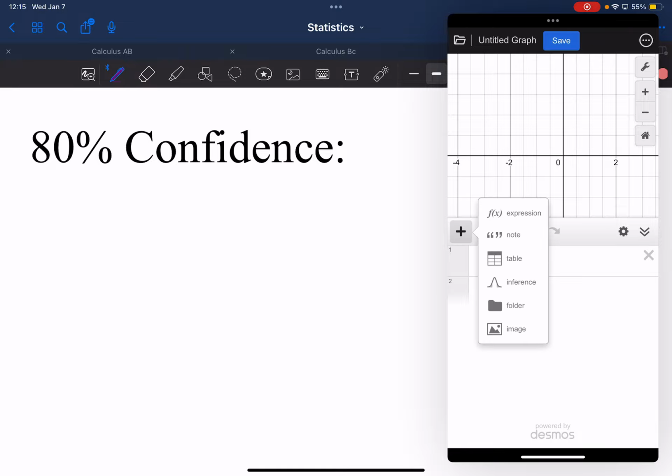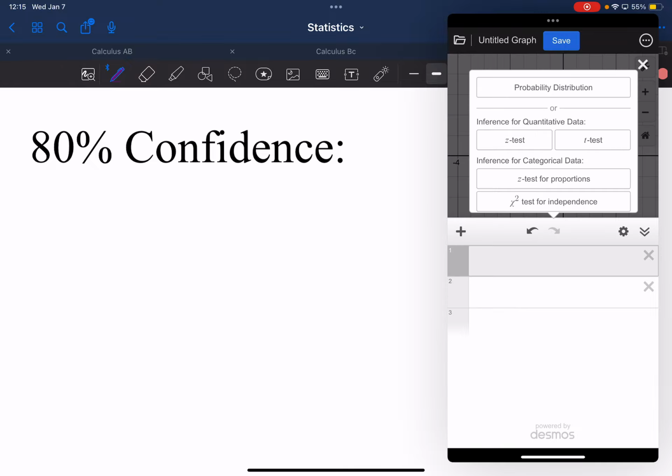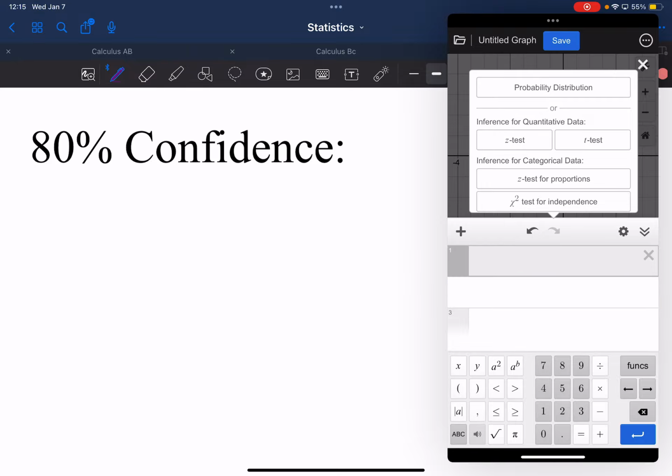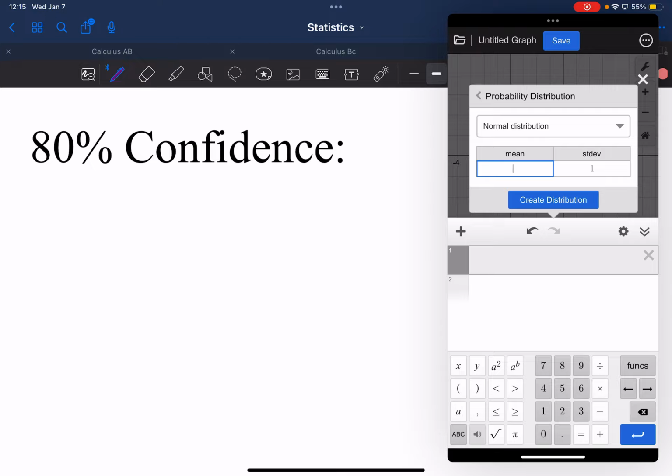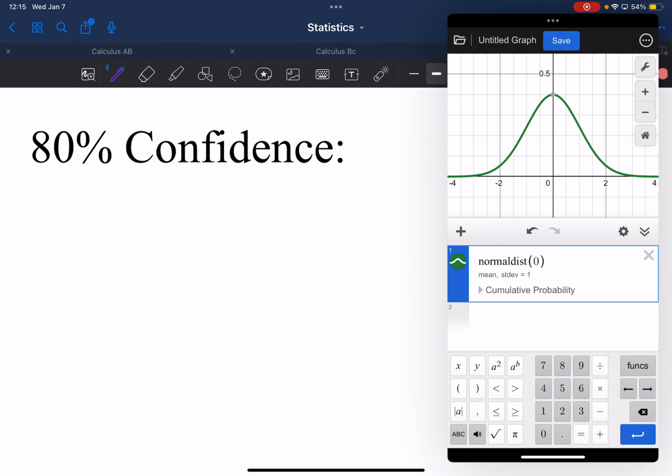So we're going to click on the plus sign. You're going to go to inference, and then you're going to click on probability distribution. And it's going to automatically set you to normal distribution. You just need to remember that we're using standard normal. So our mean is 0 and our standard deviation is 1.